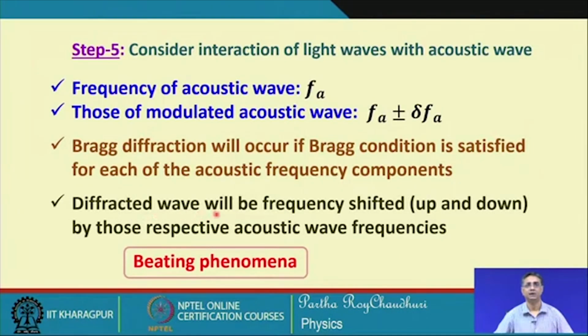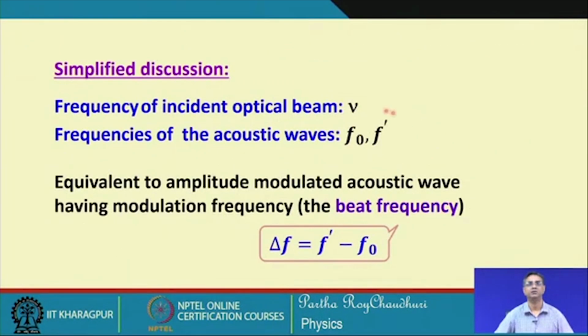You see, the diffracted wave will be frequency upshifted or downshifted by the respective acoustic wave component. So, if you have, let us say, f a plus delta f a, this is a frequency which is more than f a, and there will be another frequency which is less than f a, that is f a minus delta f a. These two correspond to upshifted and downshifted frequency components.